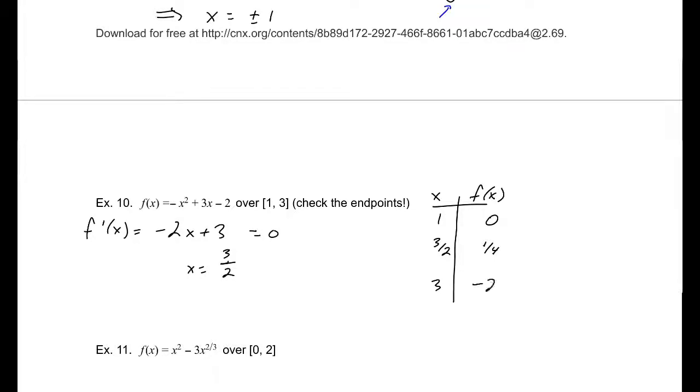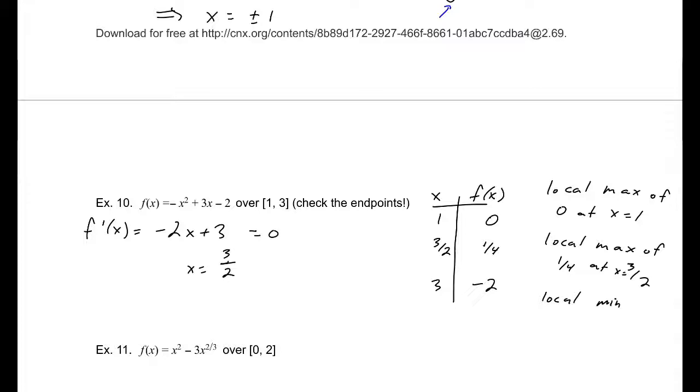So it appears we have a local max of 0 at x equals 1, or these are our potentials, I should say. Local max of 1/4 at x equals 3 over 2, and a local minimum of -2 at x equals 3.